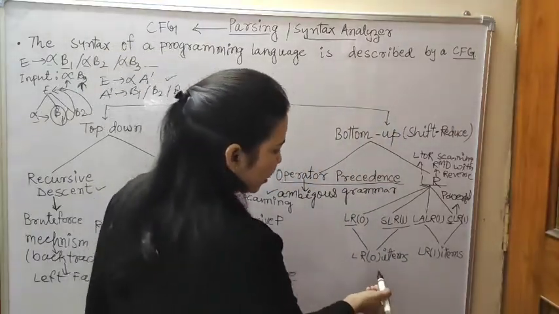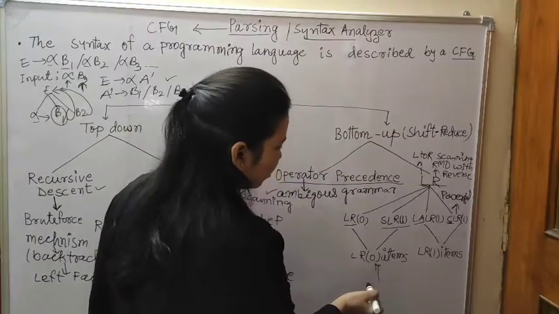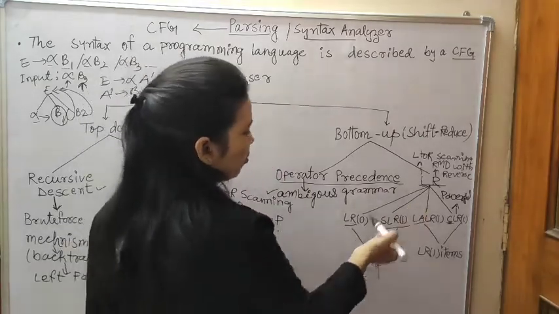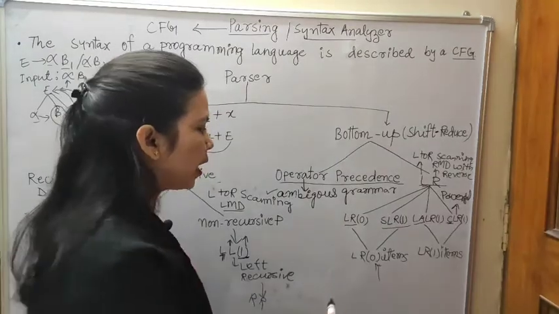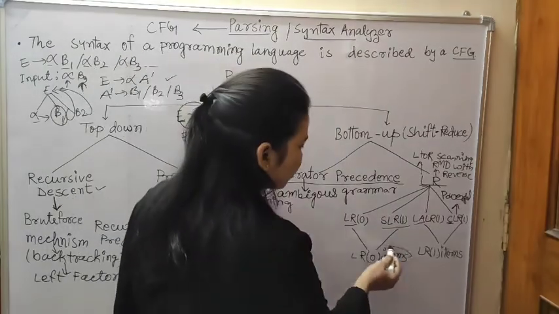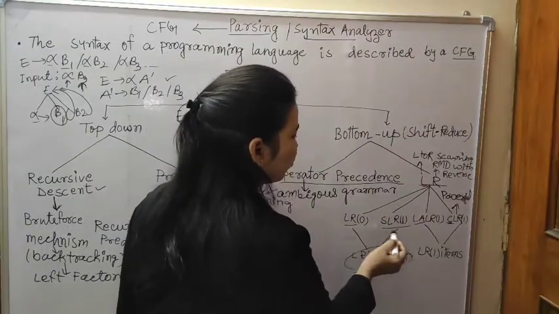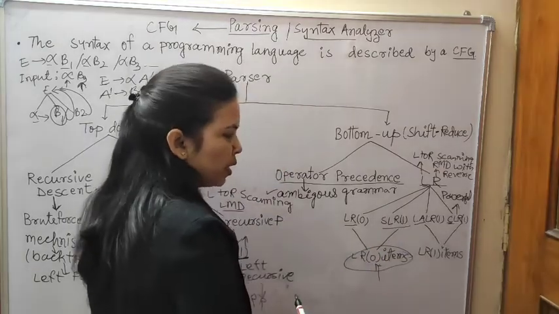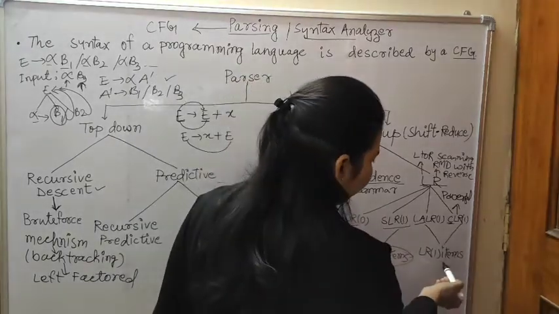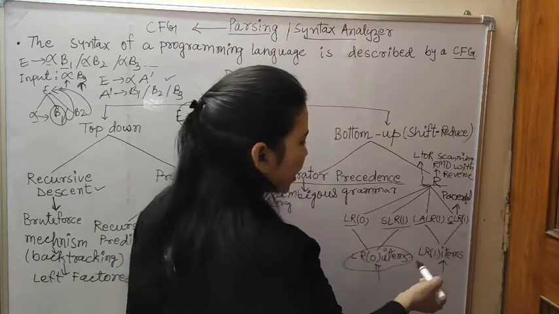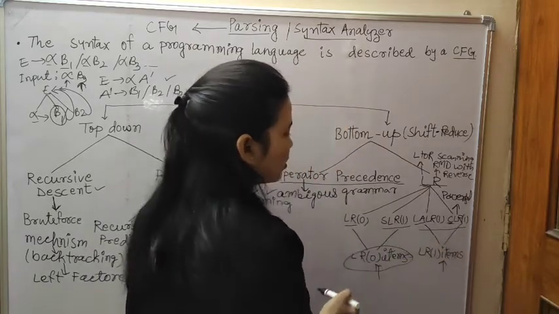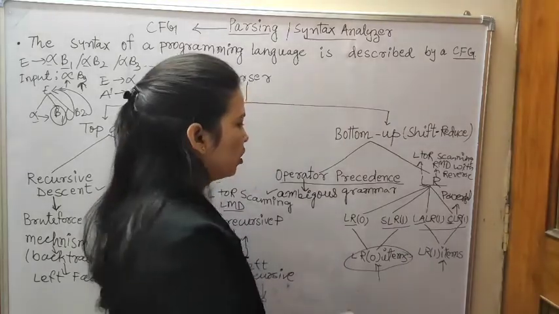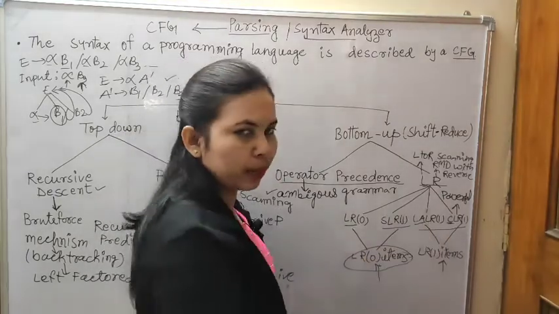Because when we solve them, the canonical collection of LR0 items is the same for these two parsers, and the canonical collection of LR1 items is the same for these two parsers. Only the parser table is different.